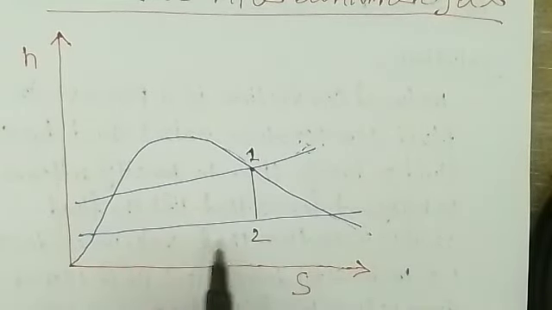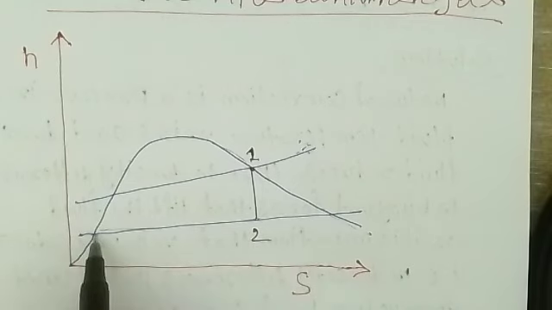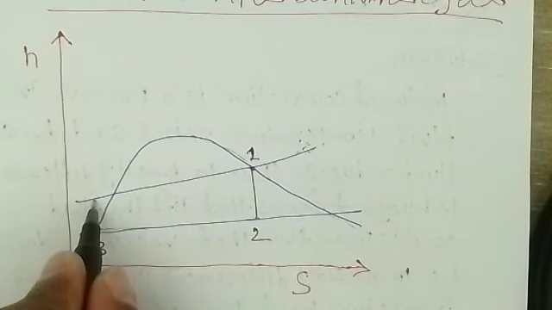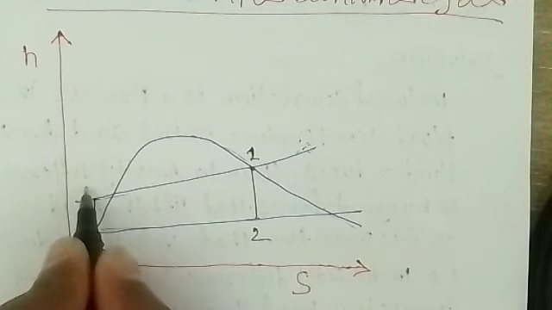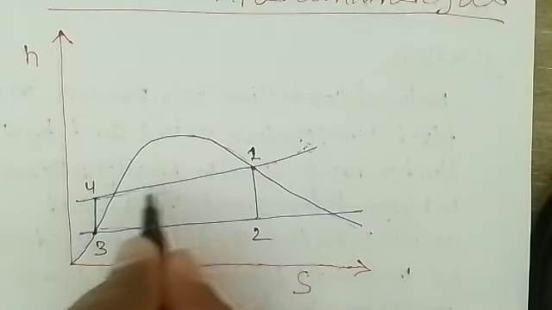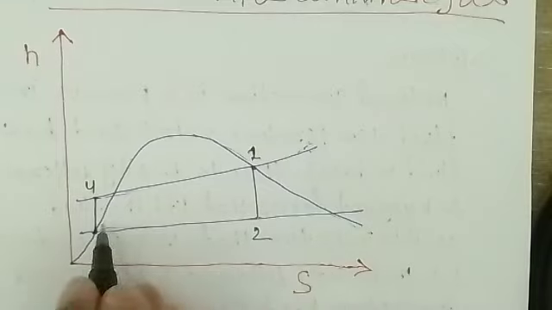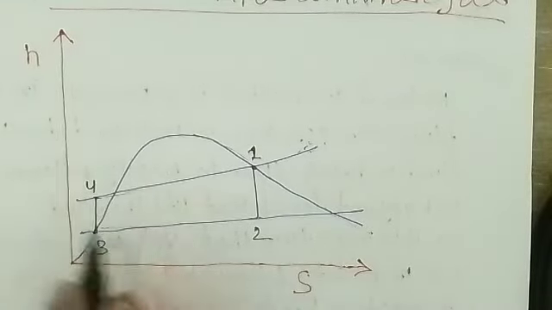And 2 to 3 is condensation, this is 3. At the end of the condensation the fluid is in a liquid state, right? Then 3 to 4 is compression, and 4 to 1 heat is supplied in a boiler. So this is boiler, turbine, condenser, and pump. Now this 1 2 3 4 is for dry saturated.